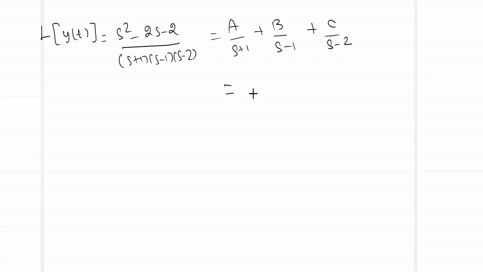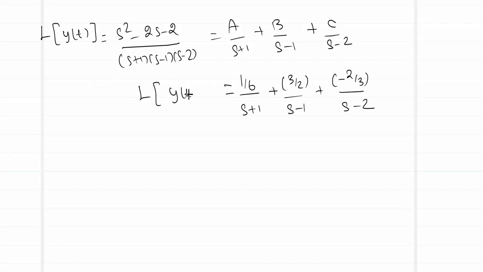Now this gives me the value of A as 1 by 6 times of s plus 1, plus B's value as 3 by 2 times of s minus 1, plus C value as minus 2 by 3 times of s minus 2.